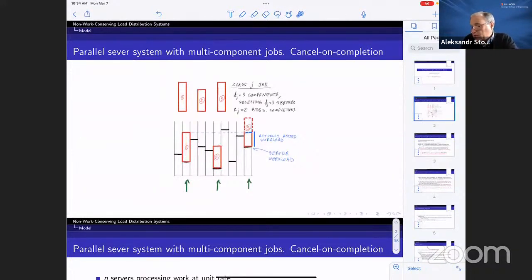And the system has a feature which is called cancel-on-completion redundancy, which means that there is a parameter kj, and as long as, for example, 2 of the components finish service, which will happen in this picture at this point in time, the remaining service of whatever components are left will be canceled.